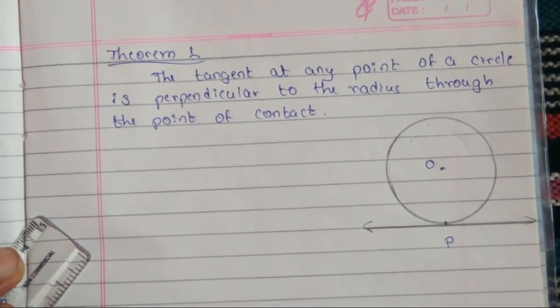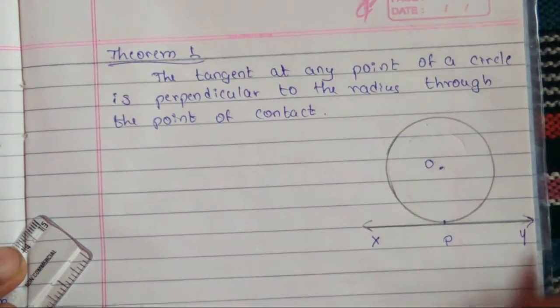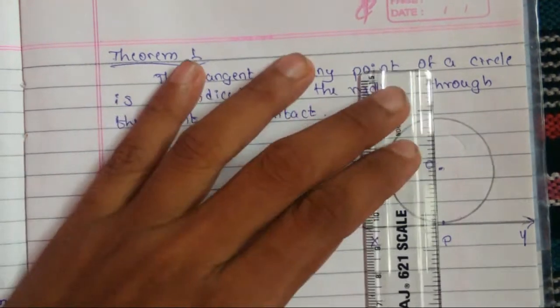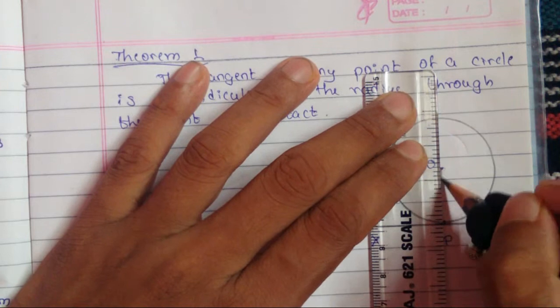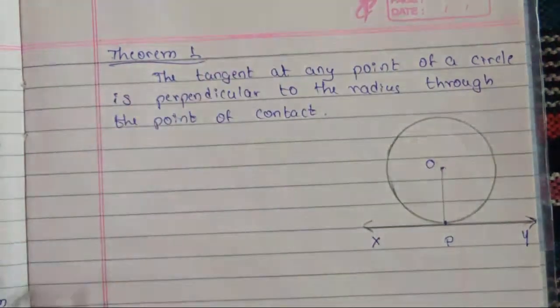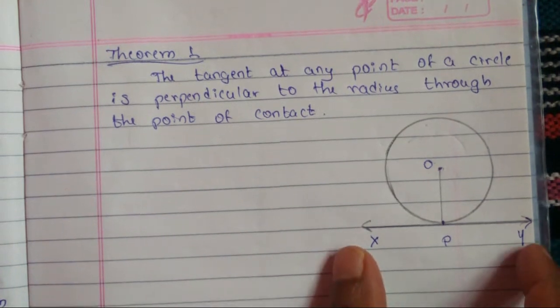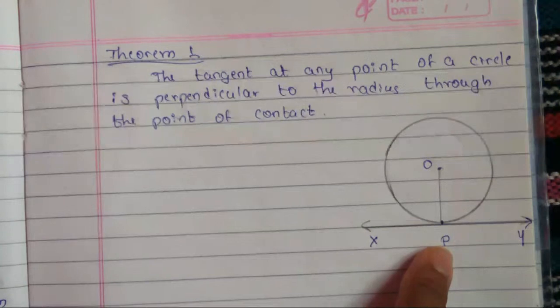I will call the endpoints as X and Y. I will join point O and P because we have to prove the tangent is perpendicular to the radius. So here tangent is XY, OP is the radius and P is the point of contact.